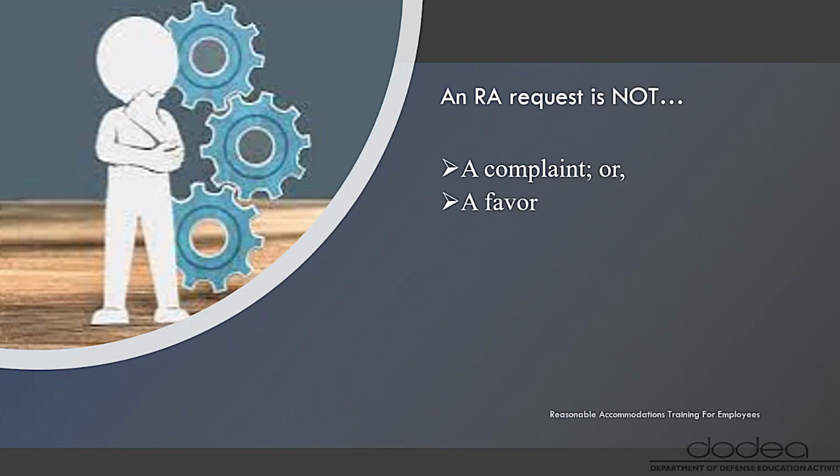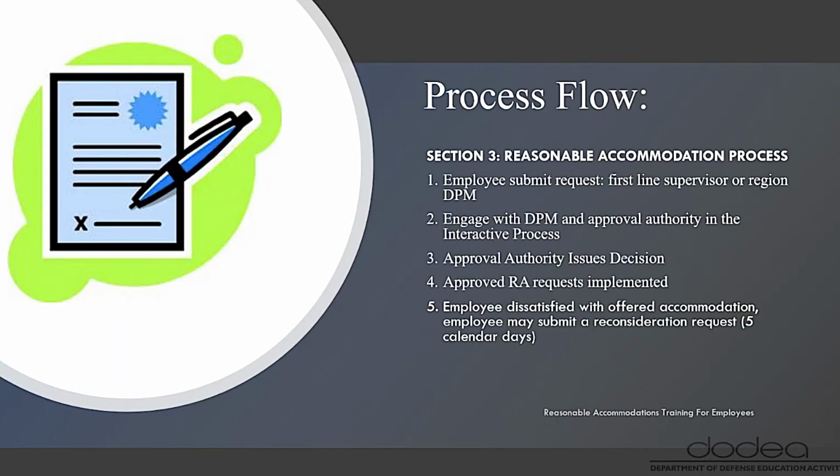Okay, let's move to the next slide, Dion. All right, this is our easy breakdown process flow. You as the employee are going to submit the request either to your supervisor or your region DPM.